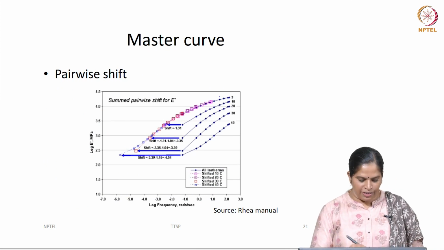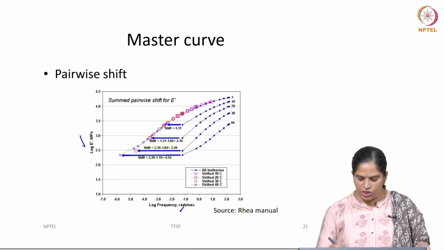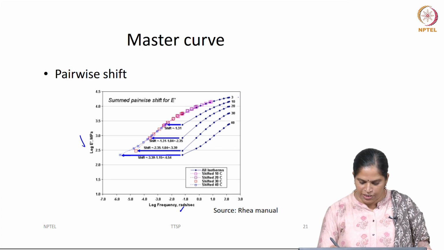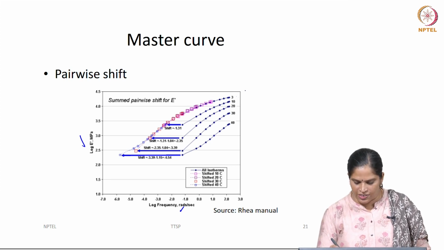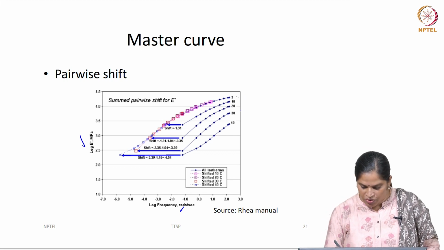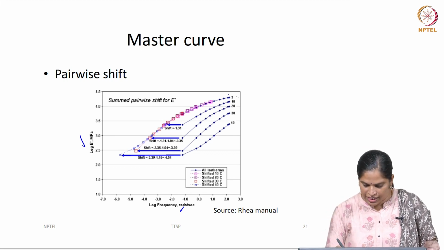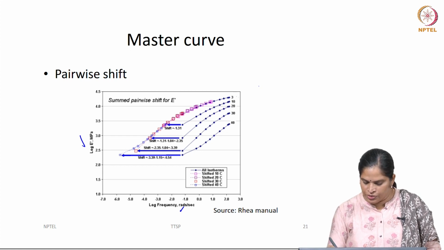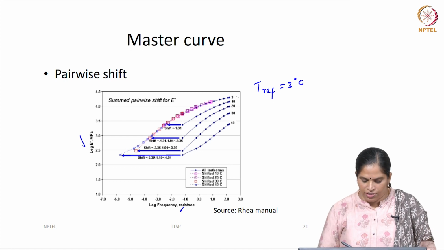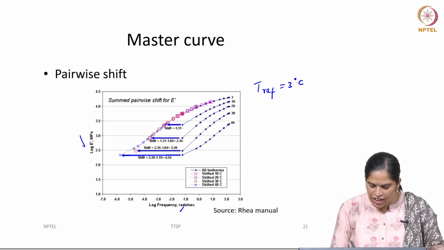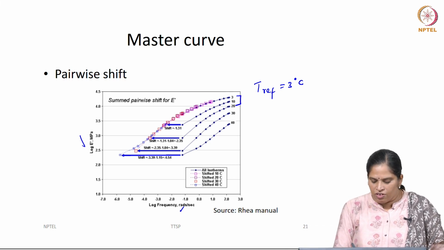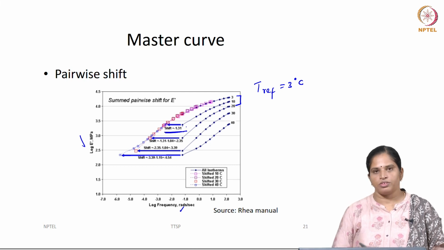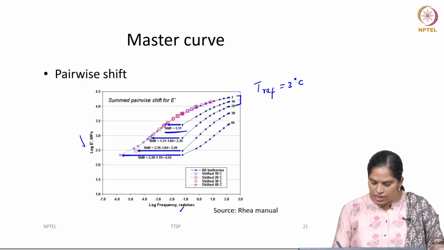In this example, again it is dynamic modulus data as a function of frequency. You have data at different temperatures varying from 3 to 40 degrees Celsius. Suppose we need to shift all the data to 3 degrees, so the reference temperature is 3 degrees Celsius. Just take the first pair, 3 and 10 degrees Celsius, and find out the amount of shift. Next, from 10 to 20 degrees Celsius, what should be the amount of shift?